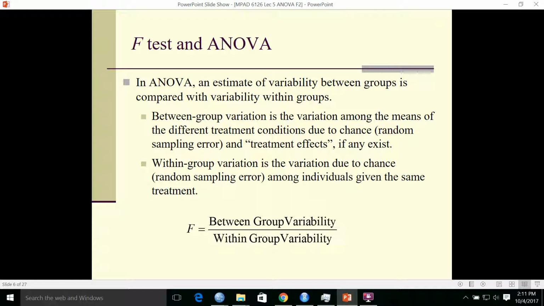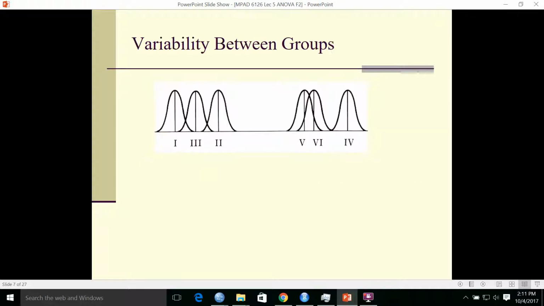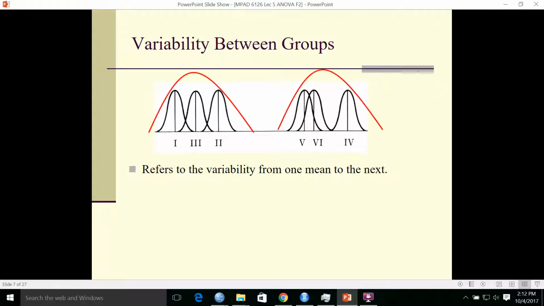The F-test itself, F is the same exact thing as the ANOVA, is just between group variability divided by the within group variability. So graphically, in this example, there is a very large difference between categories 1, 2, and 3 and categories 4, 5, and 6.